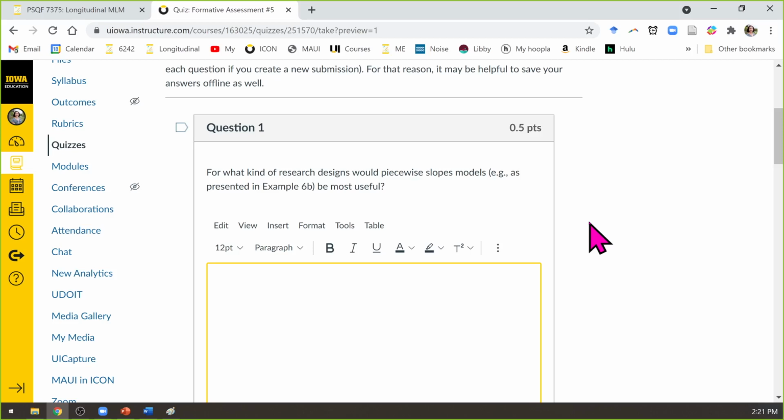So it was just a way to approximate a nonlinear trajectory, even if you didn't have a reason to put the knot there. There are models in which you can find the breakpoint. Those are latent change point models or latent knot models, and you can also have the breakpoint be random across individuals if you have enough data to estimate it.